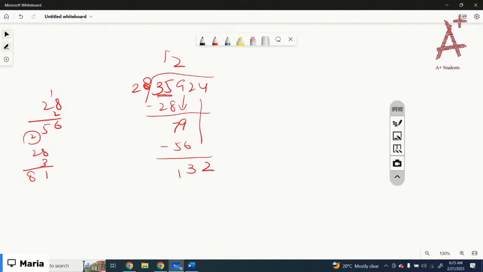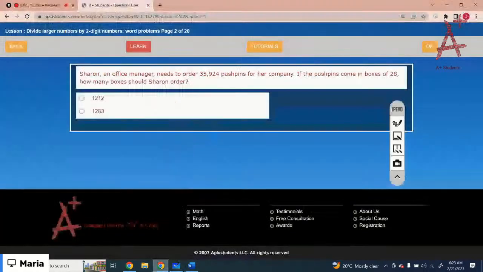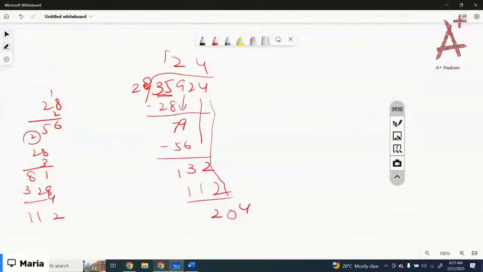That would be 232. Let's see, 28 times 4 is 112, hmm. Wait, 7 take away 5 is, here you have 2, not 1.